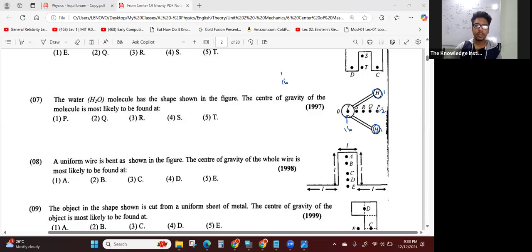So the center of mass of this 16 and 2 is like the ratio 8 to 1. 16 divided by 2, so 8 to 1. So the ratio 8 to 1, if I consider, will be the most probable one, because we can't take T also. To take T, the mass of the oxygen has to be very, very large compared to hydrogens, right? So therefore, most likely to be at S. The answer is S.